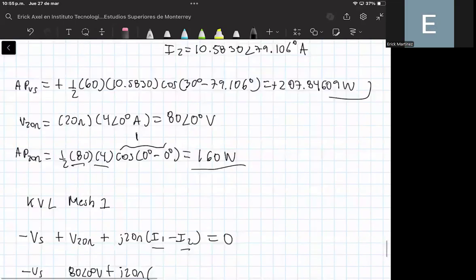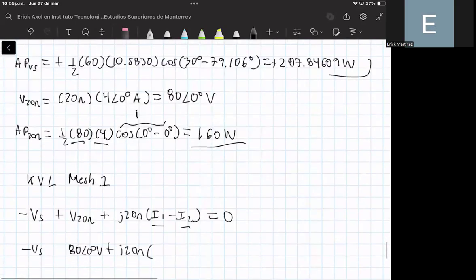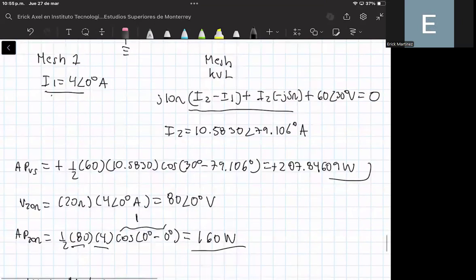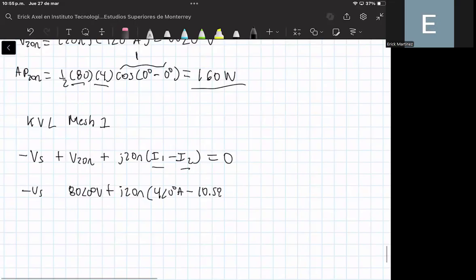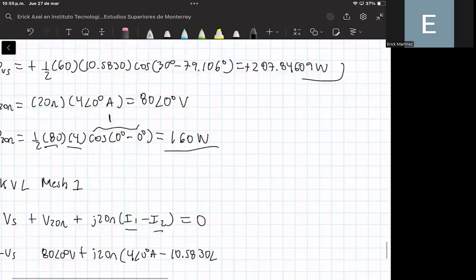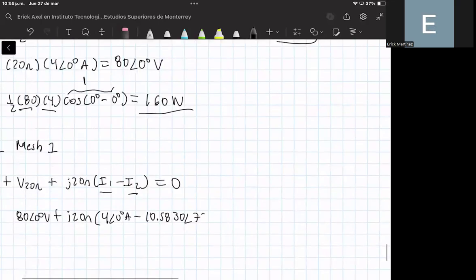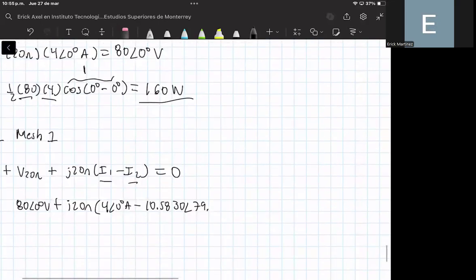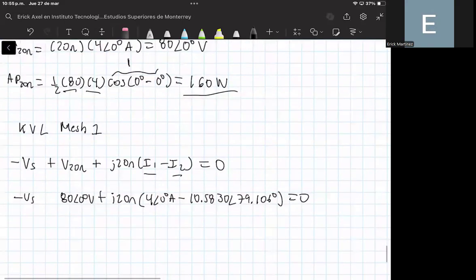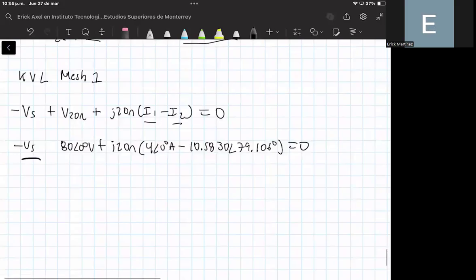The value of I1, remember, is 4 with an angle of 0 degrees amperes, minus I2, that is 10.58 with an angle of 79.106 degrees, and this is equal to 0. Okay, so you only have one unknown, that is this one.